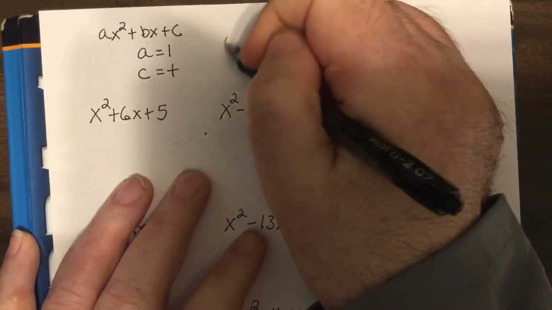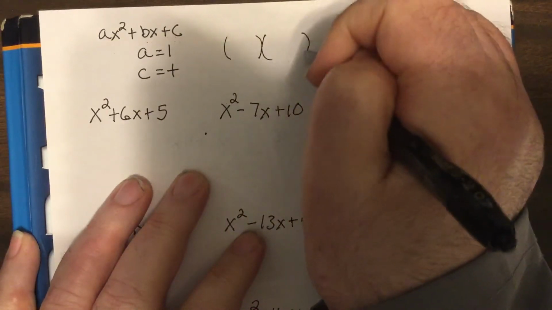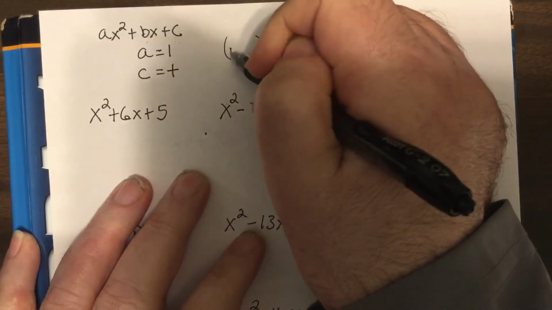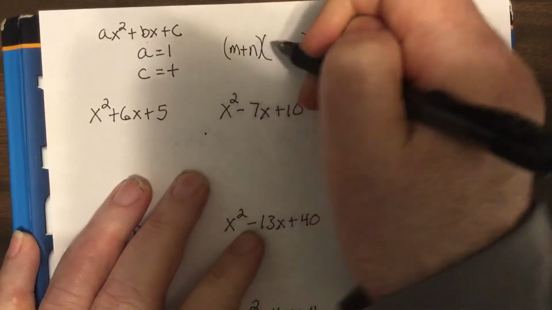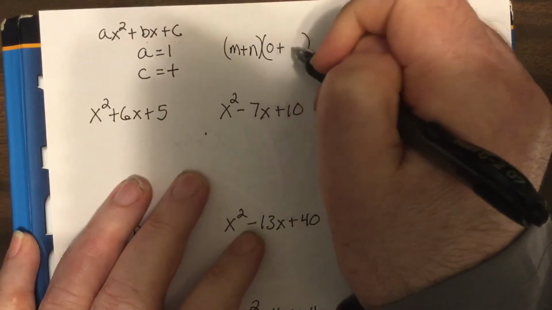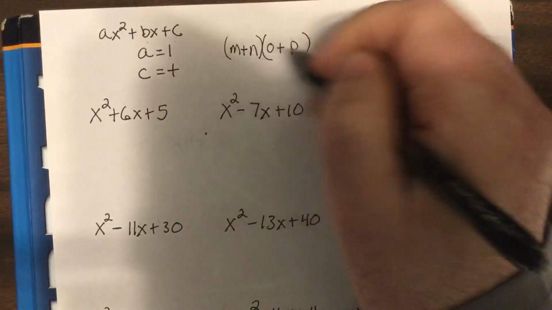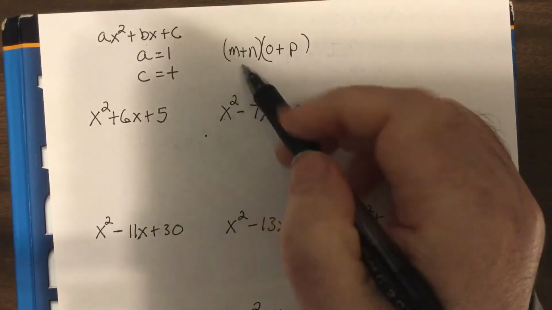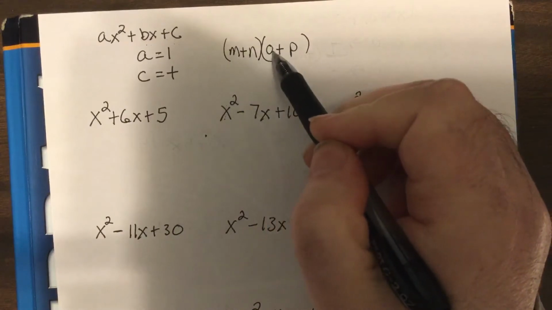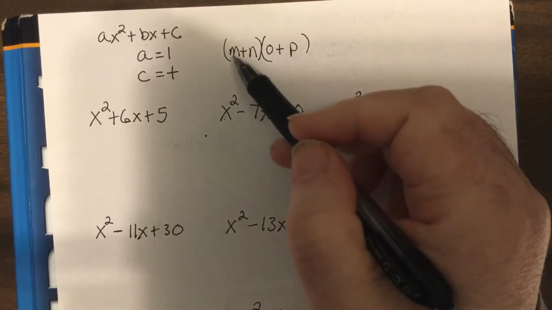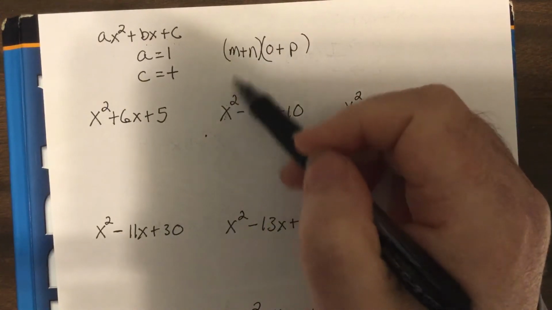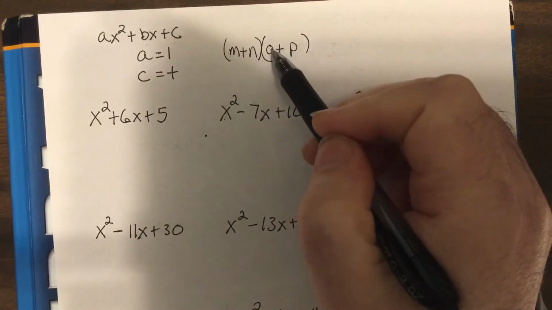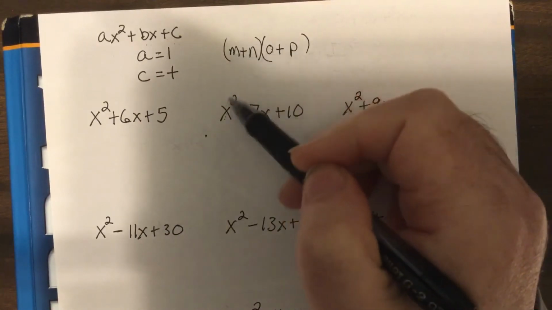Now remember how you FOIL. So if I have M plus N and O plus P, how do you get the first term? Well, it's M times O. If it's 1x squared, that means you have 1x times 1x, because x times x is x squared.